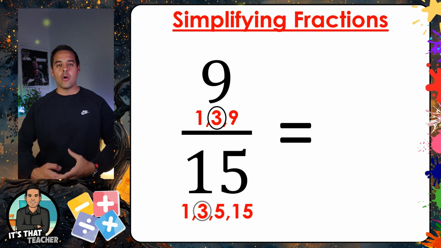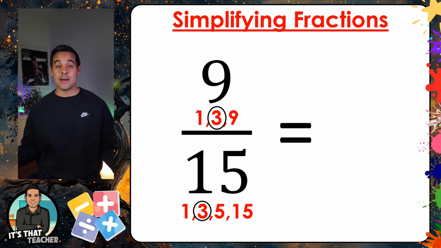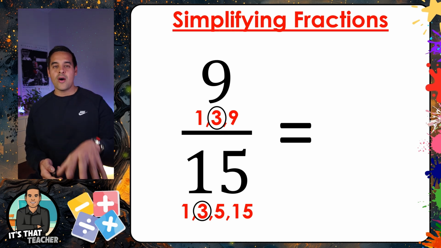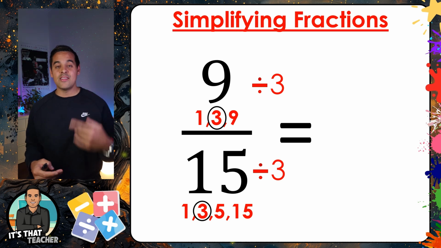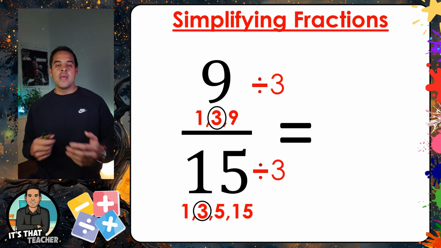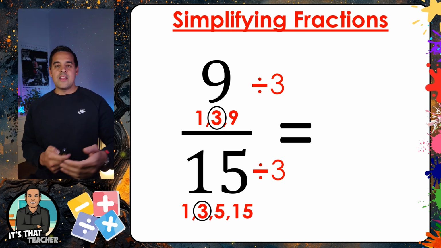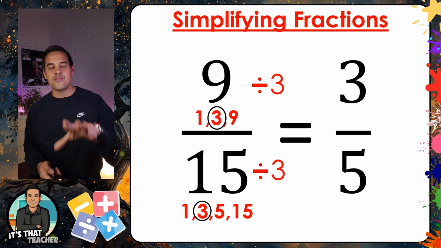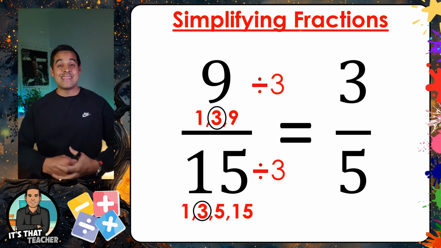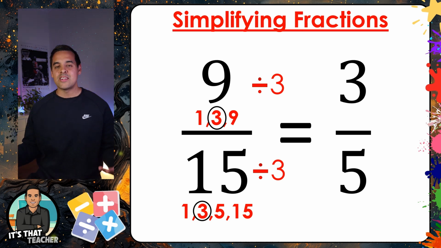So the highest common factor, the highest number that can be divided evenly into both numbers, is the number 3. Once we've identified the highest common factor, we divide both our numerator and denominator by this number. So 9 divided by 3 and 15 divided by 3. This is going to give you your simplified fraction of 3/5, and that's how you simplify larger fractions.